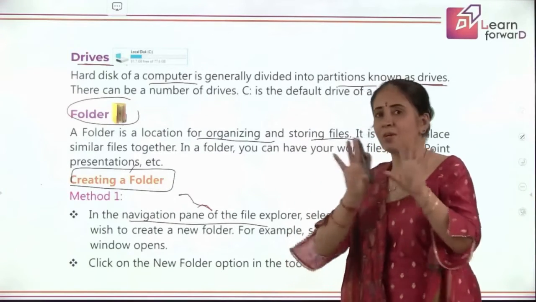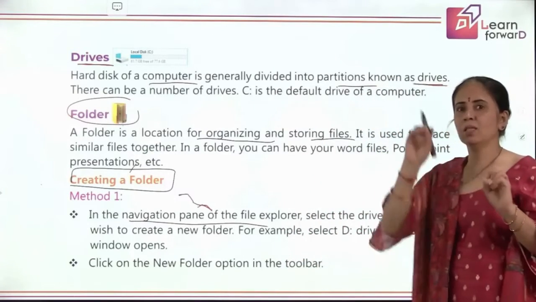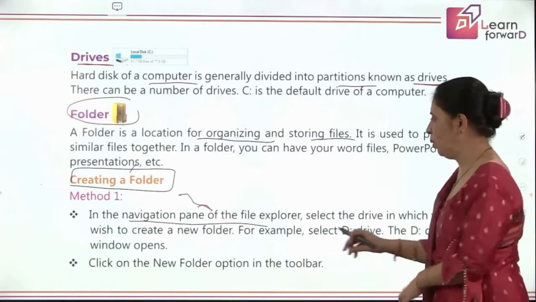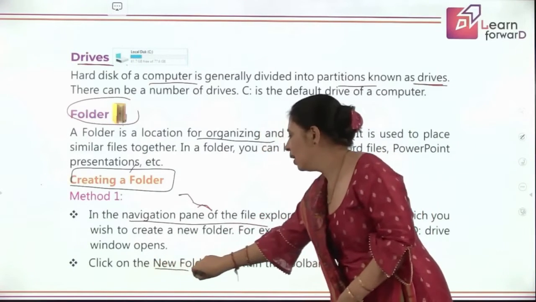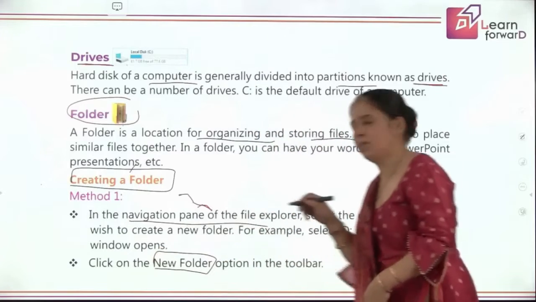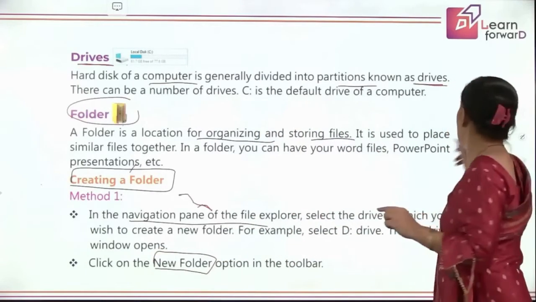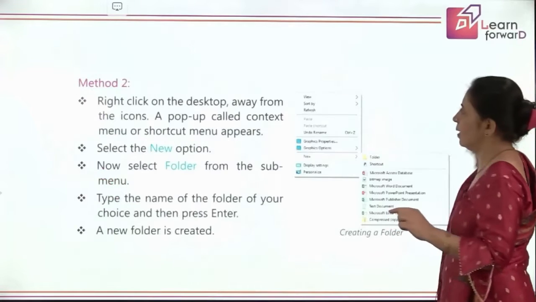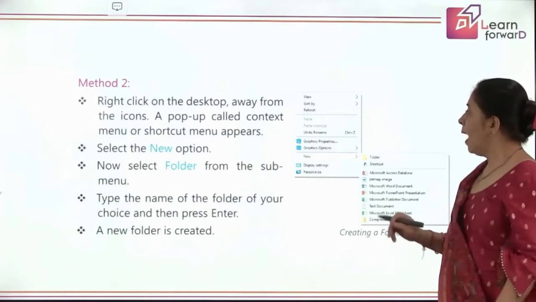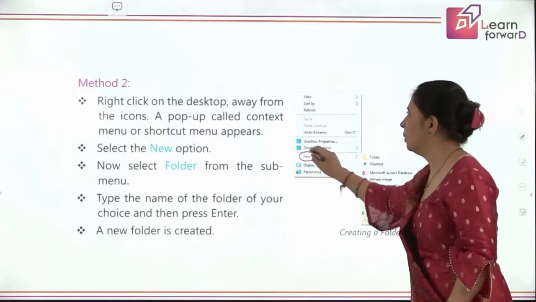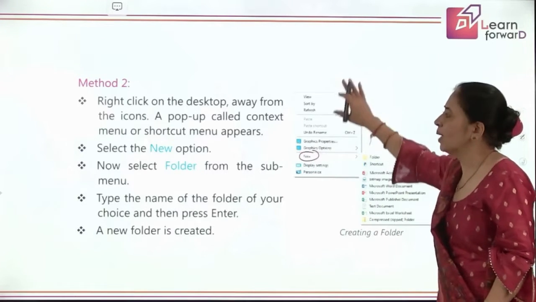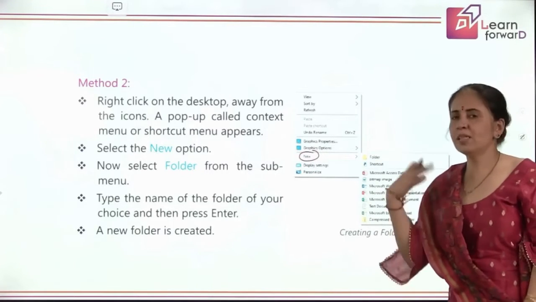Once the drive is clicked, there will be a drop down menu, and you'll find a New Folder option there. Just click on New Folder in the toolbar and the new folder is created like this. Now getting this menu can be done in another, very simple way.